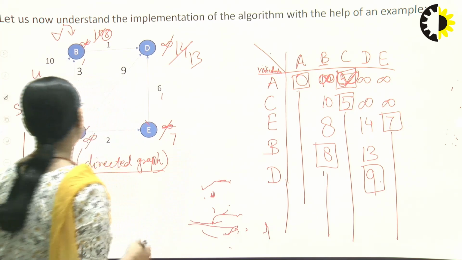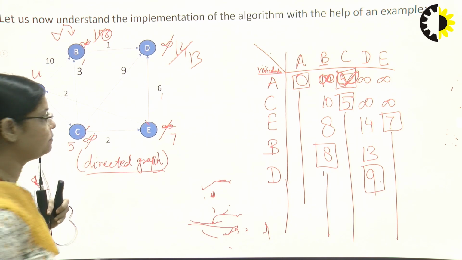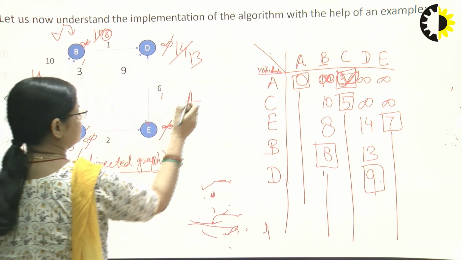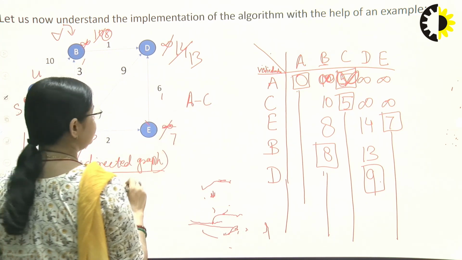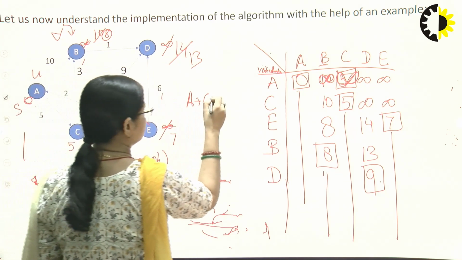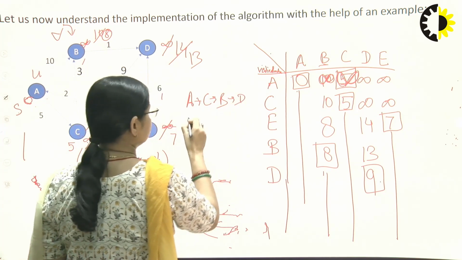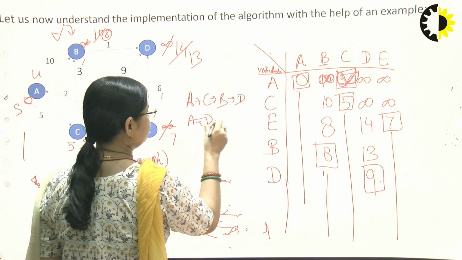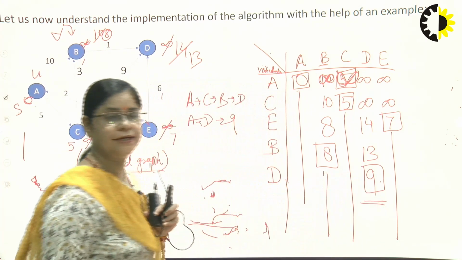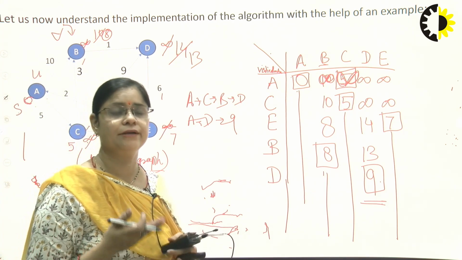According to the diagram, our shortest path will be A, C, C to B, B to D. So the shortest path A to D will be 9 and it is calculated. So this is a way to calculate or implement our algorithm.